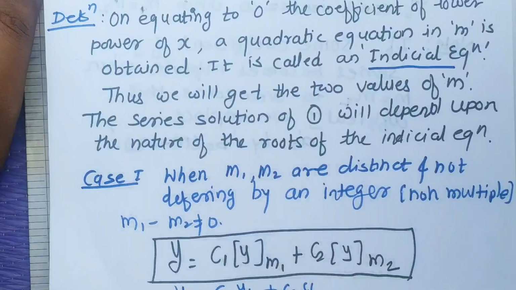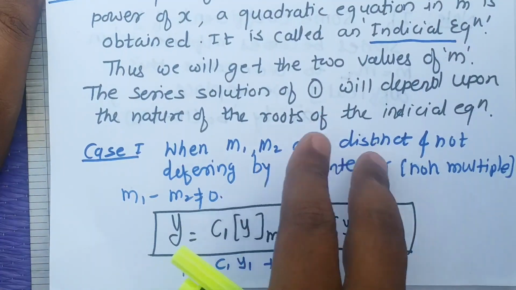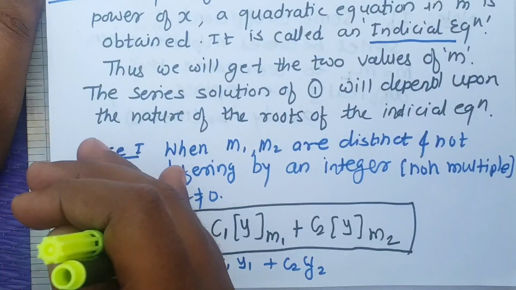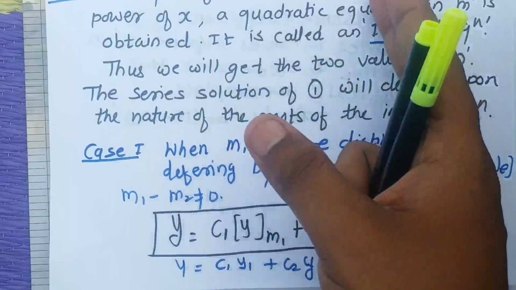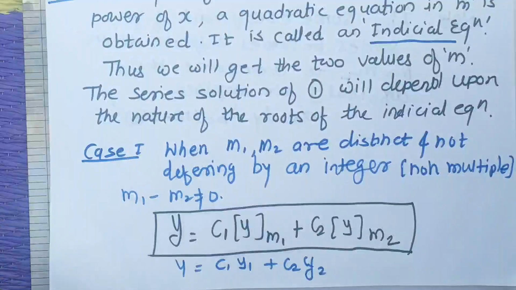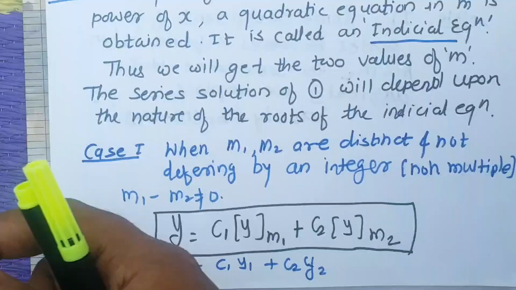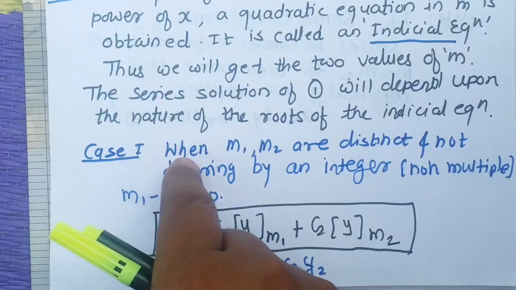Depending upon the nature of the roots, we have three different cases for the solution. So the very first task is to substitute the values of the derivatives, then get the indicial equation by equating to 0 the coefficient of the lowest power of x, then determine the roots of that indicial polynomial, and after that check the nature of the roots.